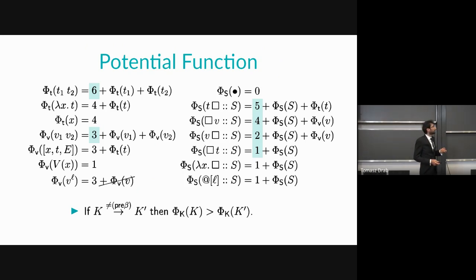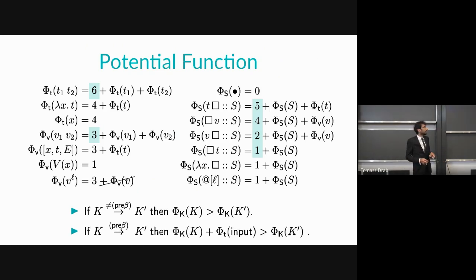The potential decreases in every transition but one. It can only increase in the transition that has to take place before a reduction in the calculus occurs. But then the potential cannot grow more than the potential of the input term, and this bounds the number of execution steps in the whole process.